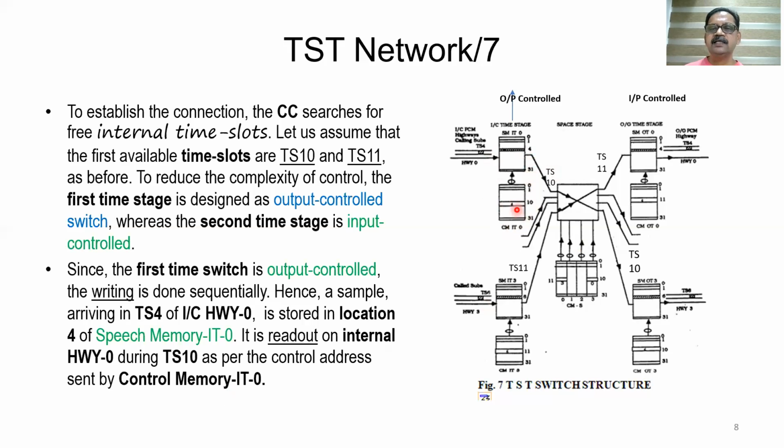So when memory location 10 gives direction that the information available in speech memory location 4 may be read onto highway 0 TS10, this is how it approaches the space switch as input.